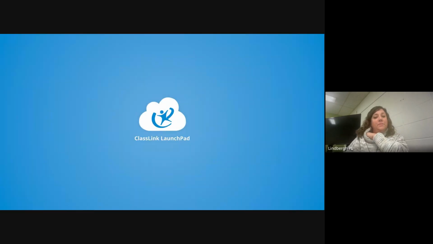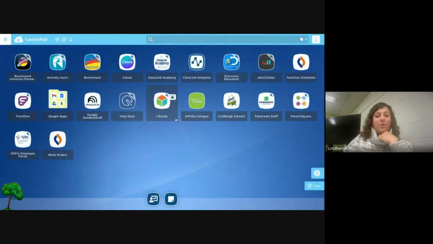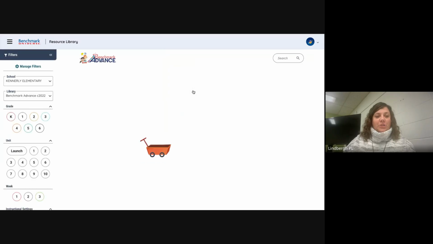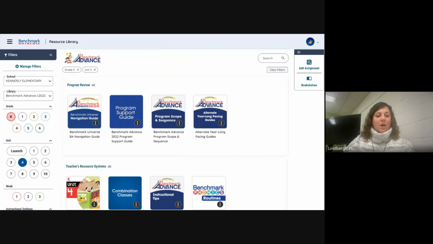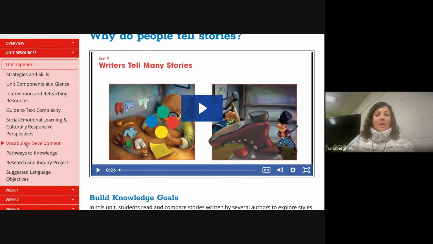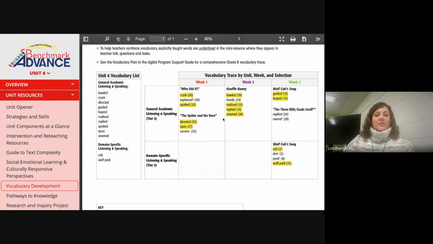So I'm going to have ClassLink pulled up. I went into Benchmark, and if you go into any of your units, I'm sure you know this is here, but just as a quick refresher, if you go into your Benchmark unit, and I'm using Unit 4, knowing that it's our upcoming unit at this point, if you click on underneath the unit resources, vocabulary development, you're going to see all of the vocabulary words for the entire unit.